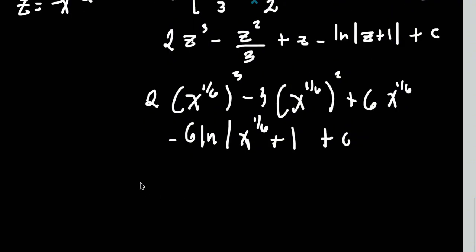So simplifying this, we have 2, so distribute that into the 3 from the inside function.